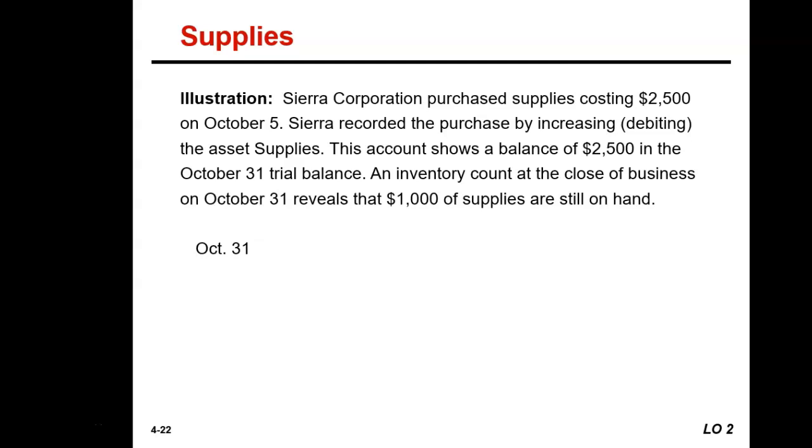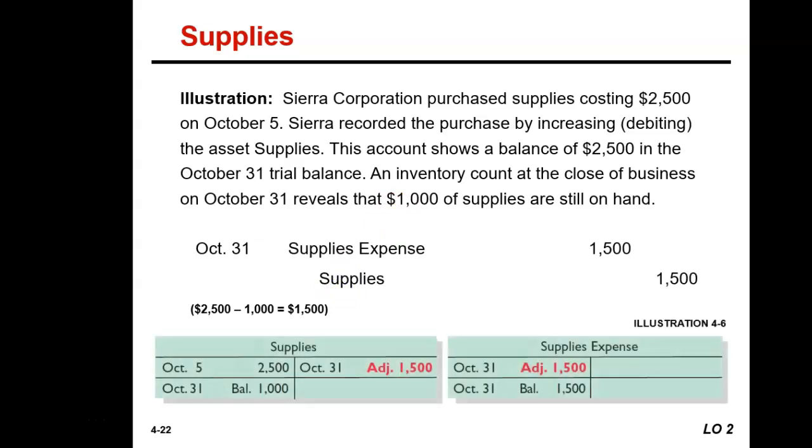becomes an expense. Because right now we're showing $2,500 in our supplies account on the trial balance, when the actual amount should only be $1,000 after we make the required adjustment. Now, once supplies have been used, that portion of the cost becomes an expense.